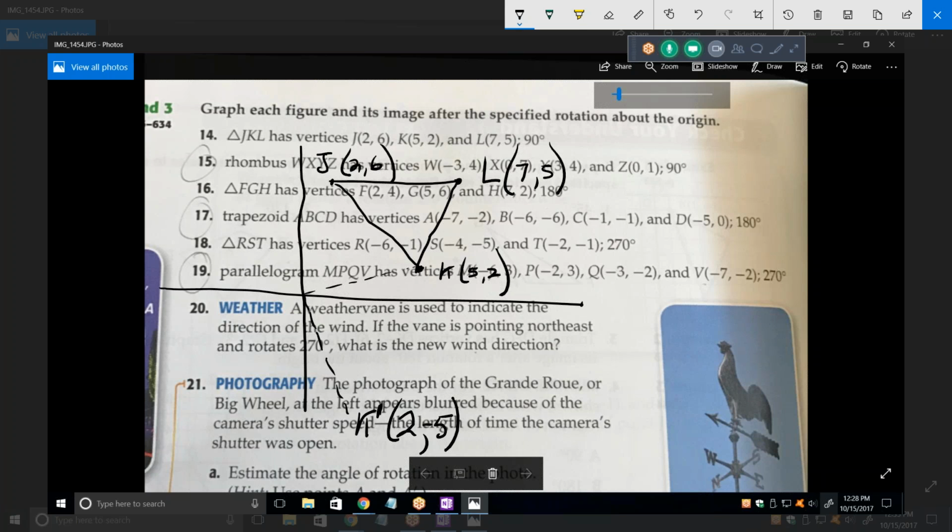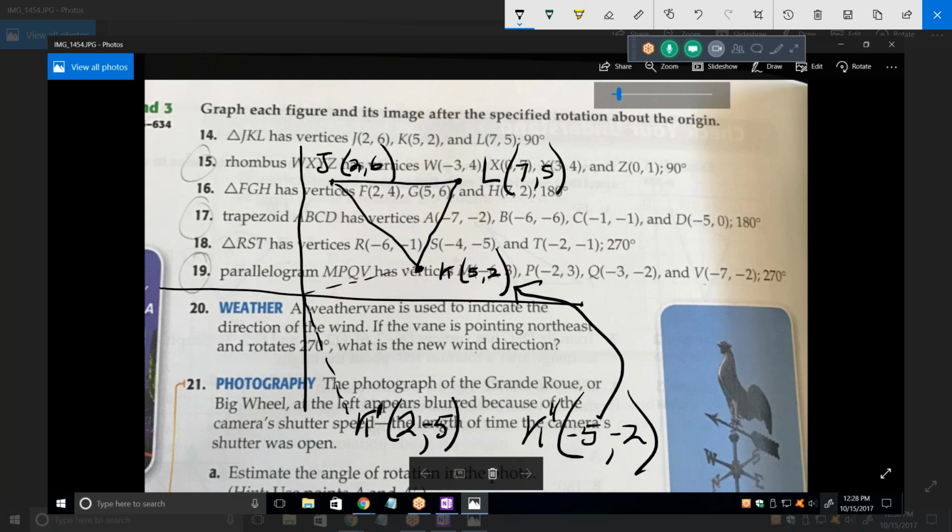Okay. Notice that if I were to do another 90-degree rotation, it would be K double prime. I switch the numbers and switch the sign on the Y. So I get that. Now that fits exactly how we do a 180-degree rotation. We just switch the signs on both.